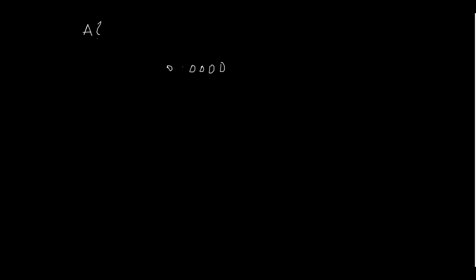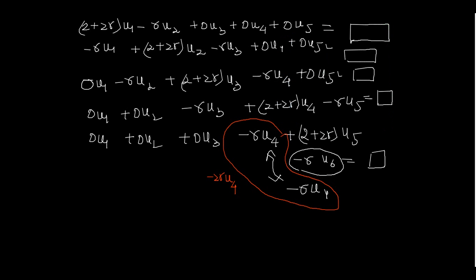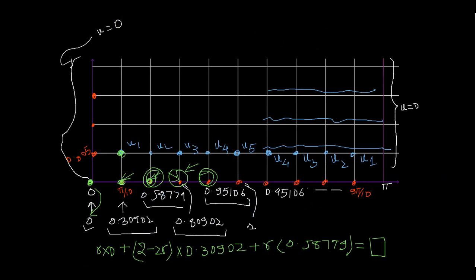So you just press A equals 0. Initially this is your A, this is your B, and this is your C. So you enter A equals 0, B equals 0.30902, and C equals 0.58779.